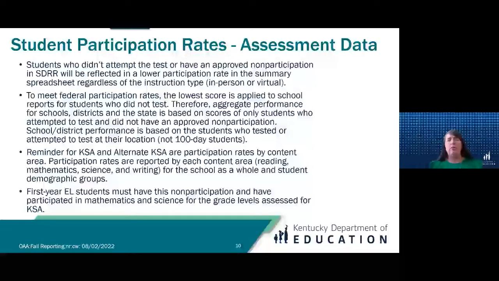And to meet federal participation rates, that lowest score is applied to the school reports for students who did not test. Therefore, your aggregate performance for schools, districts, and your state is based on the scores of who attempted to test and did not have an approved non-participation. And it's who you tested or attempted to test at that particular location. It's not your 100-day students.